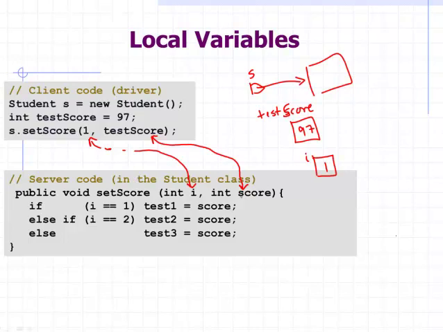Local memory is created for score. It's an integer. So here is score. And the value of score, which is 97, is given to score. And then it is used, I is used with inside the method.